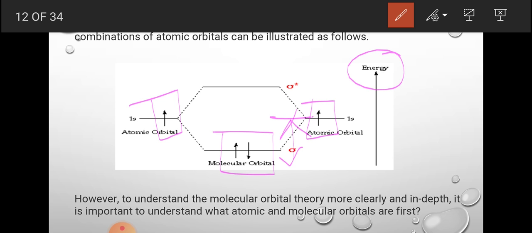So electrons placed in molecular orbitals hold the nuclei together and stabilize a molecule, and therefore bonding orbitals always possess lower energy than the parent atomic orbitals. In contrast, the electrons placed in the anti-bonding molecular orbitals destabilize the molecule and possess more energy than the parent atomic orbitals.